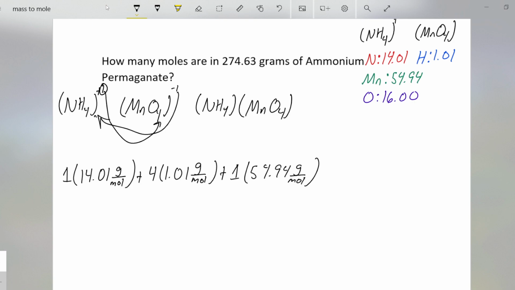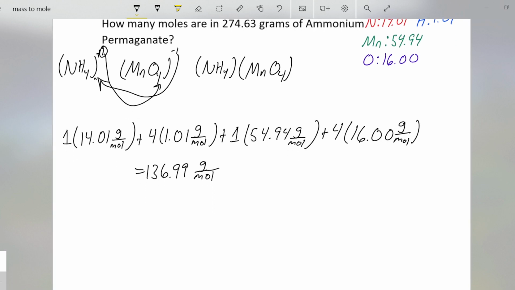I'm saying mass, but I should say has a molar mass of 54.94 grams per mole to be more accurate. Finally, there are 4 oxygens. Each oxygen has a molar mass of 16 grams per mole. And if I do all this math here, all these multiplications and additions, the answer that I get out is 136.99 grams per mole.